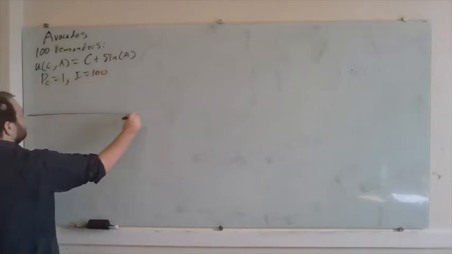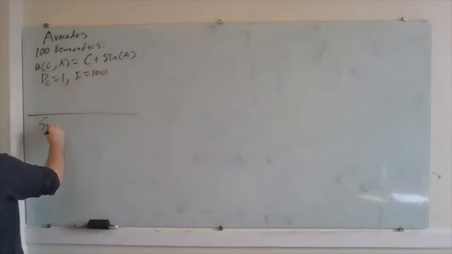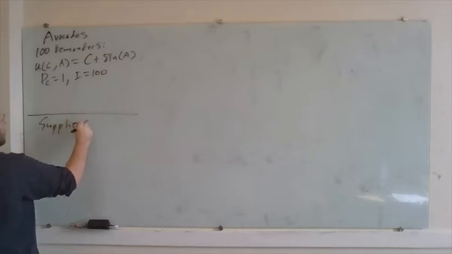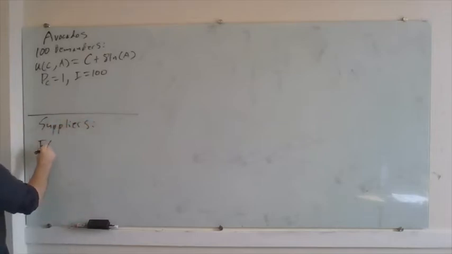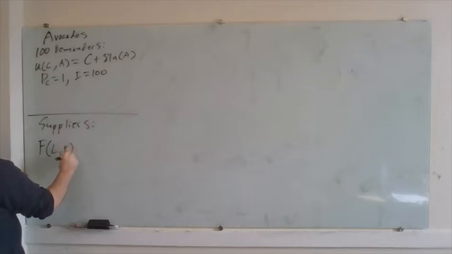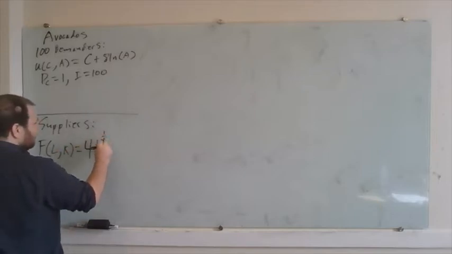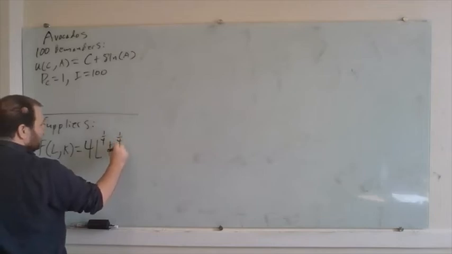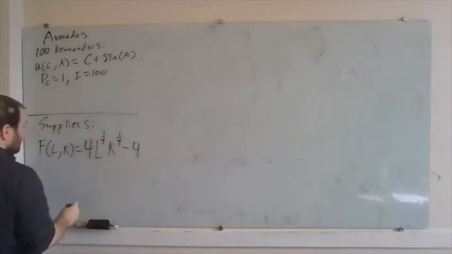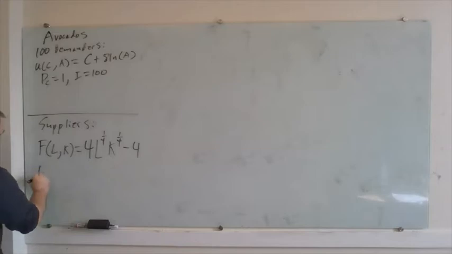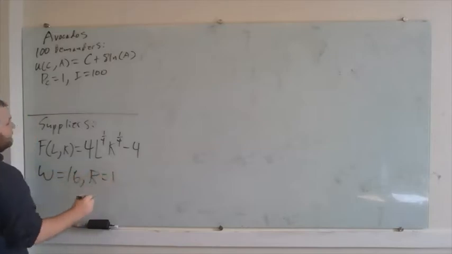And then we've got suppliers with the production function f(L,K) equals, let's say, 4L^(1/4) K^(1/4) minus 4. And input prices, W equals 16, R equals 1.